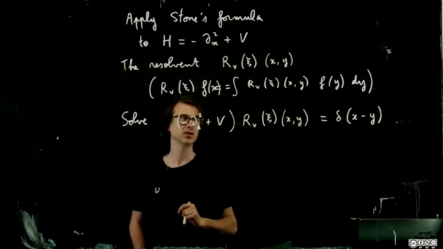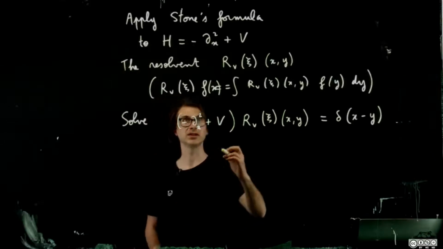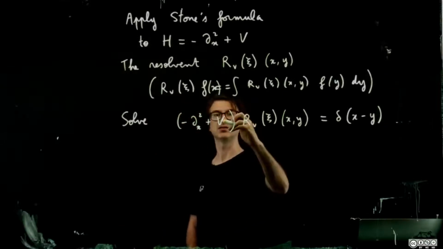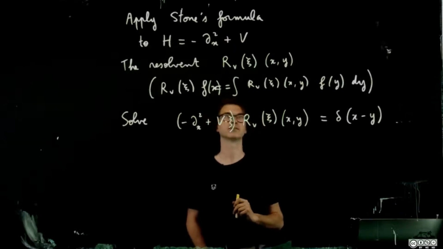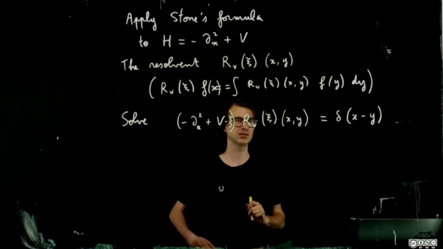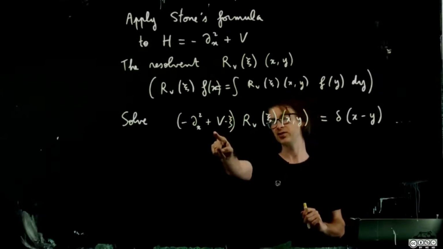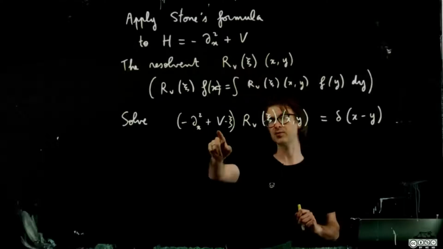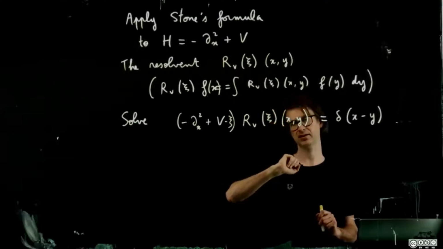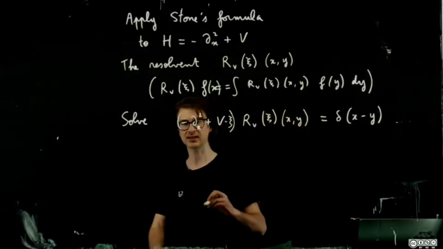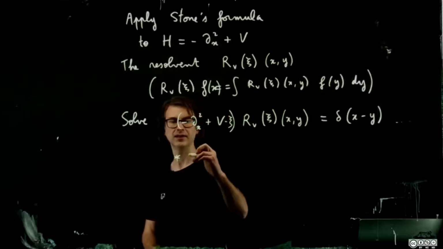So the resolvent is the fundamental solution associated to the linear operator minus dx squared plus v minus xi.